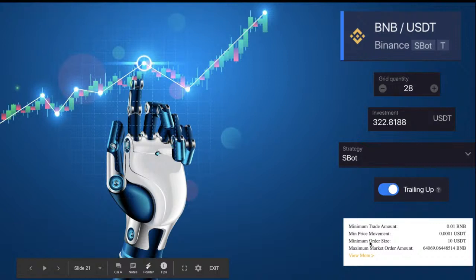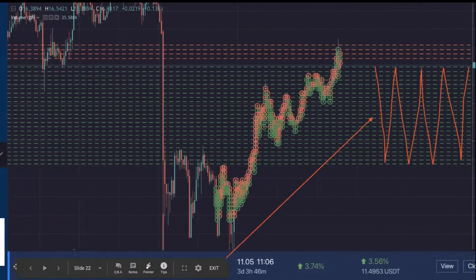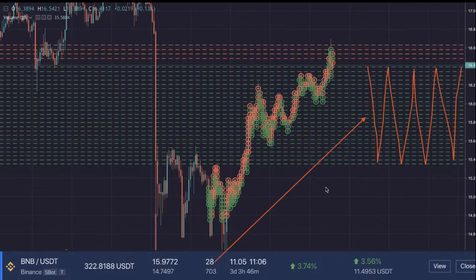Here you can see that there is a minimum order size of $10. So that means you can only place orders, like the amount of grid levels, based on the currently available balance and all of these specifications. So here's BNB trading to USDT, and as I said, I had 28 grid levels.